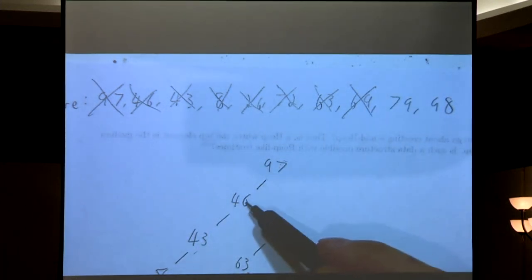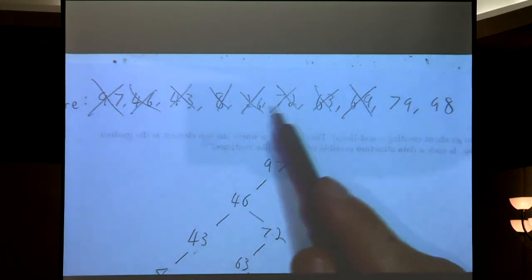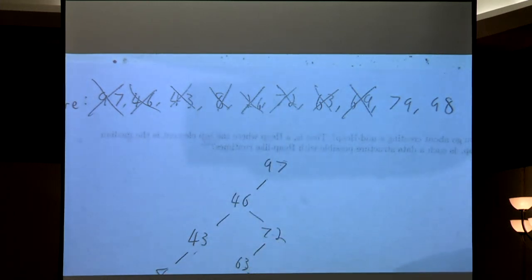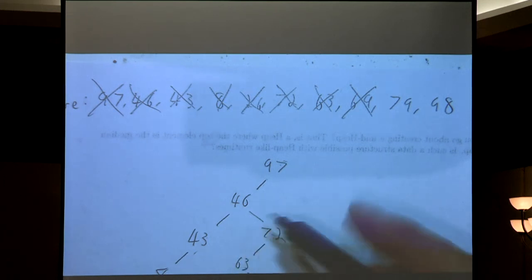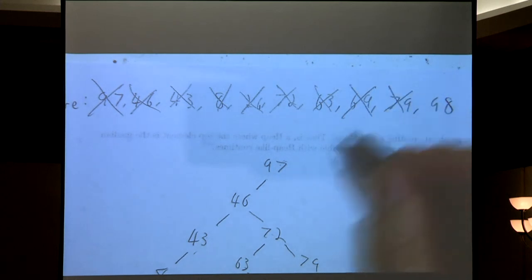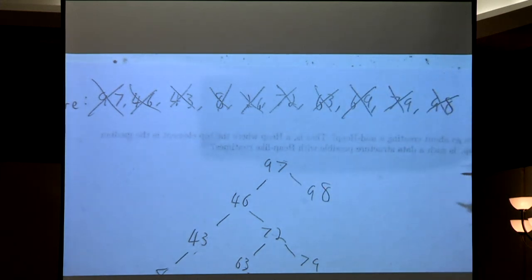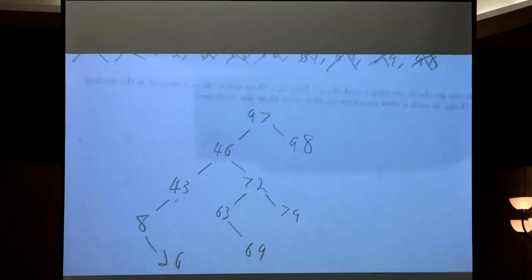So 97, then 46, 43, 8, 26, 72, 63, 69, 79, and then 98. Was that straightforward, and are you good? Okay.